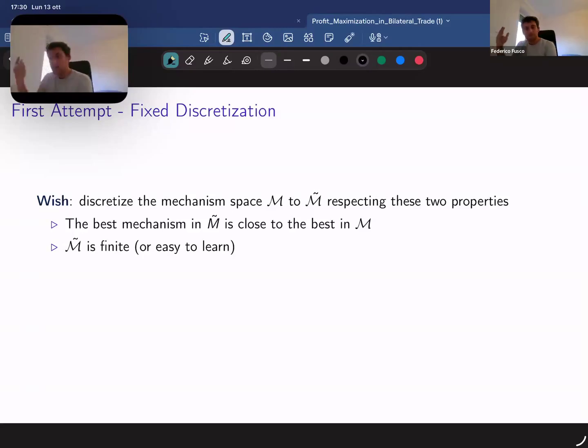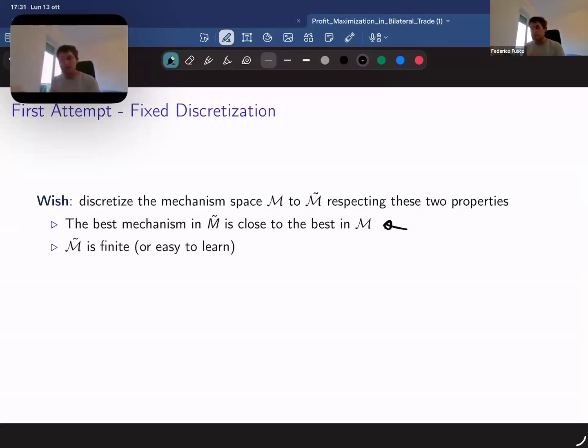The first idea is to say, okay, everything is complex, but if I can find a suitable discretization of the mechanism space, such that the best mechanism in this discretization is close-ish to the optimal mechanism overall, and I can learn easily all the mechanisms in this discretization, then maybe I can get something out of it.